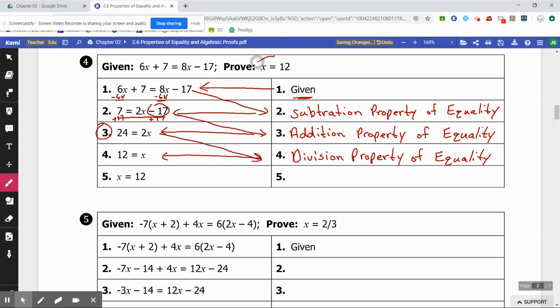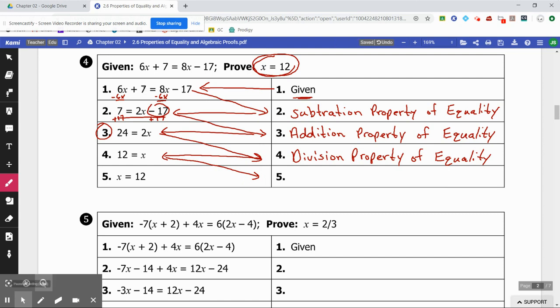You might be saying, okay, well, that's what we're trying to prove. Actually, no, it's not. We're given now that 12 is equal to x. We want to prove that x is equal to 12. Well, that's the same thing, and you're right. However, it's written in the wrong order. So we do need to justify, well, why can you just flip that around like you did?